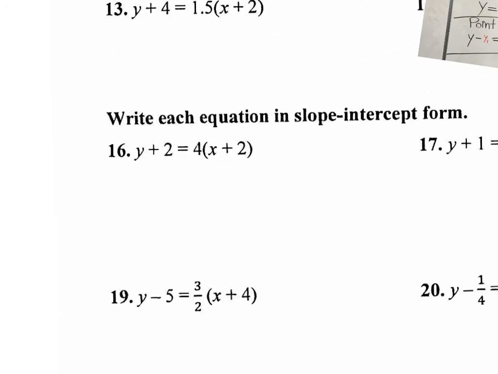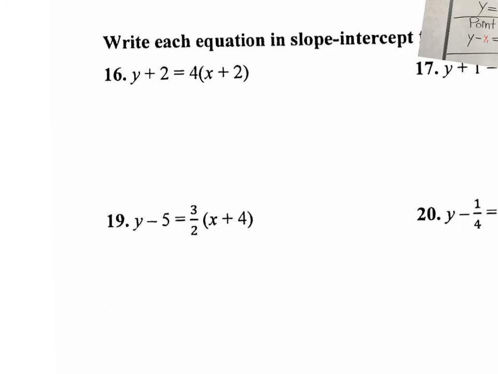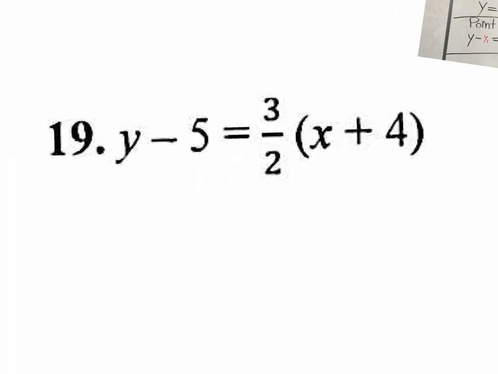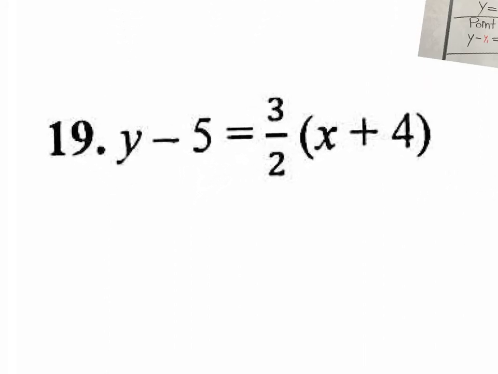So these guys down here are pretty easy as well. Write it in slope-intercept form. Shall we try 19 or no? Do you guys want to distribute the 3/2 or get rid of the 3/2 temporarily? Distribute the 3/2? If I distribute 3/2, 3/2 times x is 3/2 x.